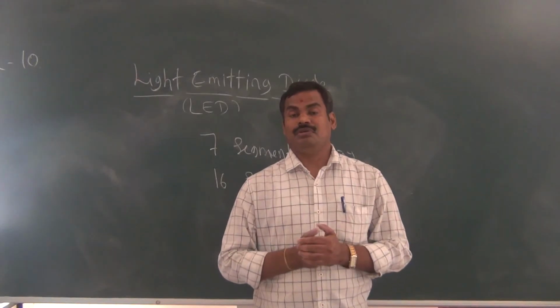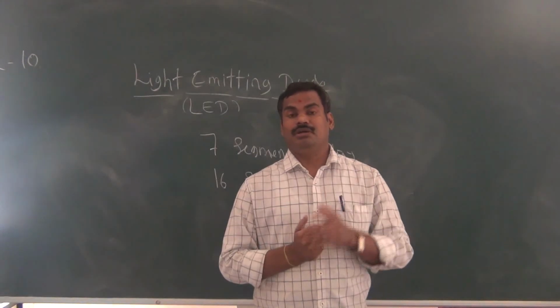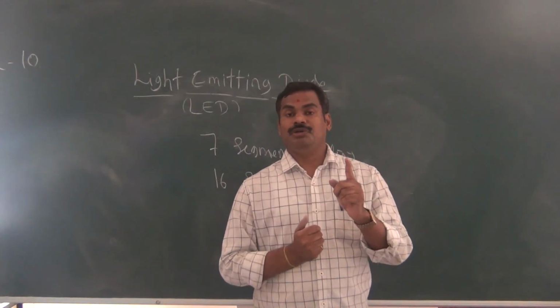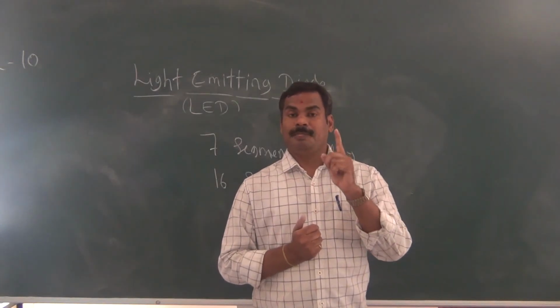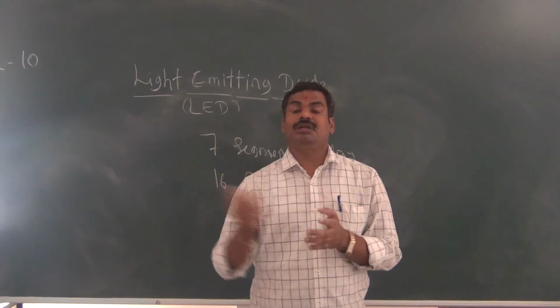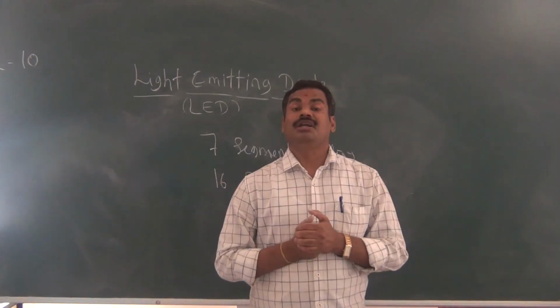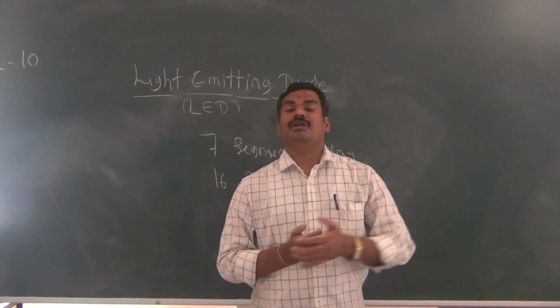And don't confuse: the photodiode is reverse biased. The photodiode is a special purpose diode. In the photodiode, light energy is converted to electric energy, but in the LED, electric energy is converted to light energy.